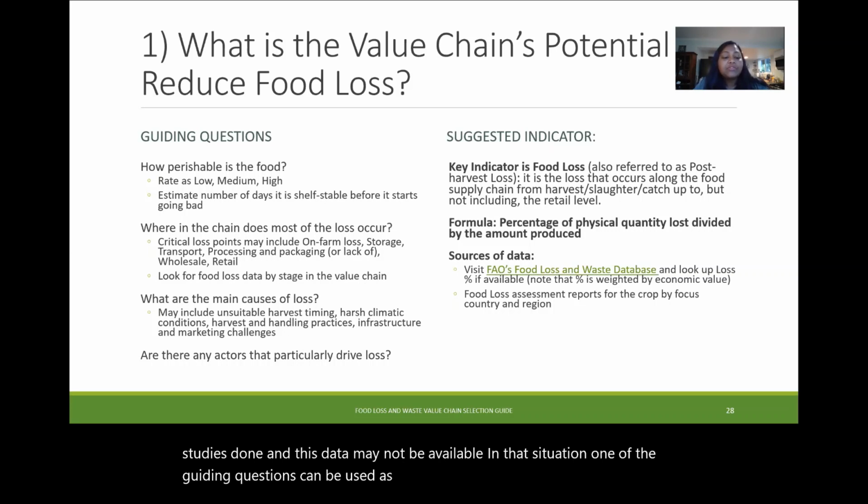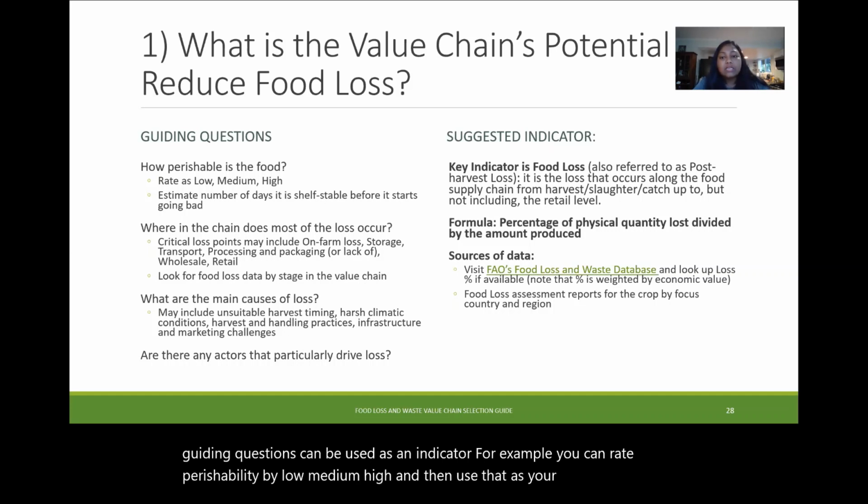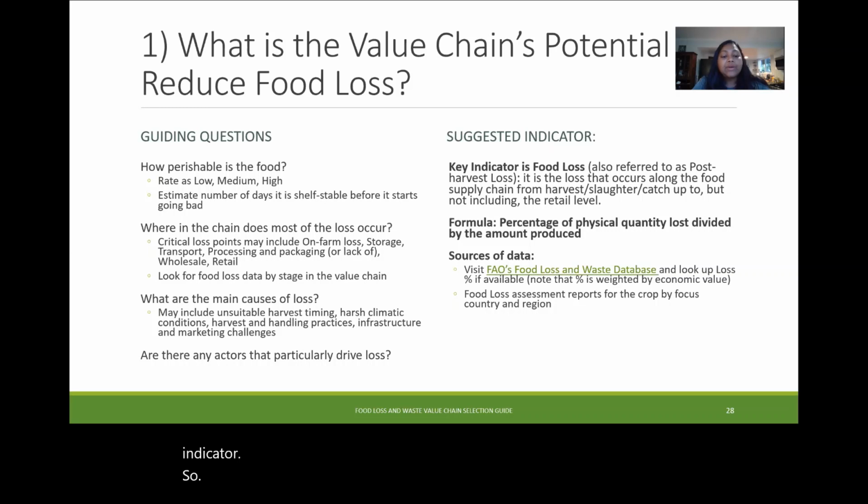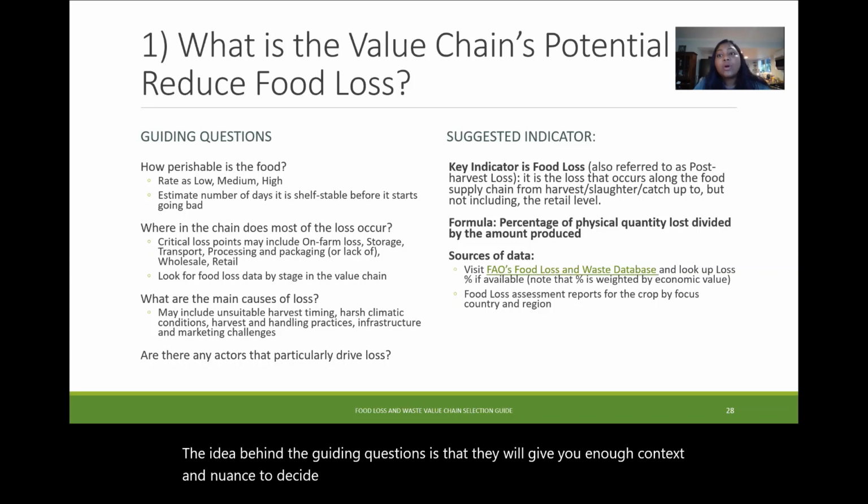For example, you can rate perishability by low, medium, high, and then use that as your food loss indicator. So the idea behind the guiding questions is that they will give you enough context and nuance to decide between crops, even when quantitative data is not available, as may often be the case for a given country.